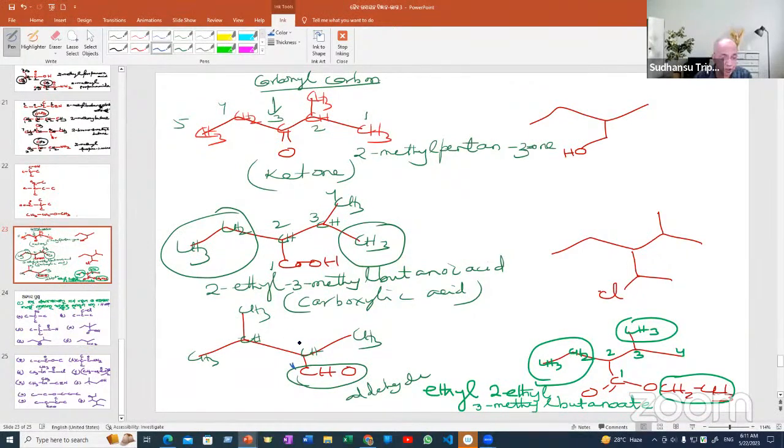So 1, 2, 3, but here 1, 2, 3, 4. So we have to go for the longest chain, 1, 2, 3, 4. So this is a branch, this is a branch. So 2, 3 dimethyl, and then you know the secondary suffix is al.